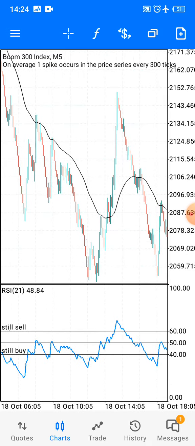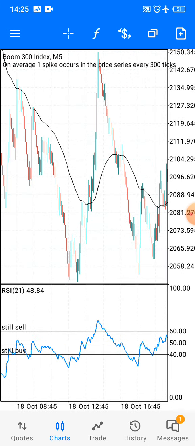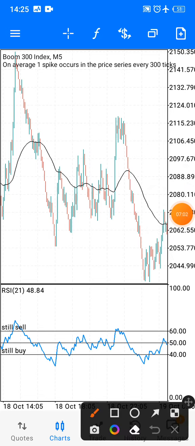Then for the second method that I want to share with you, we're going to look at when the 50 EMA and the 50 level aren't respected. So right here, our candlesticks broke the 50 moving average, and our RSI broke the level 50.